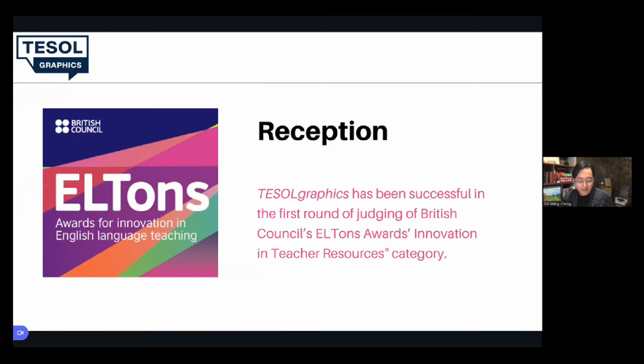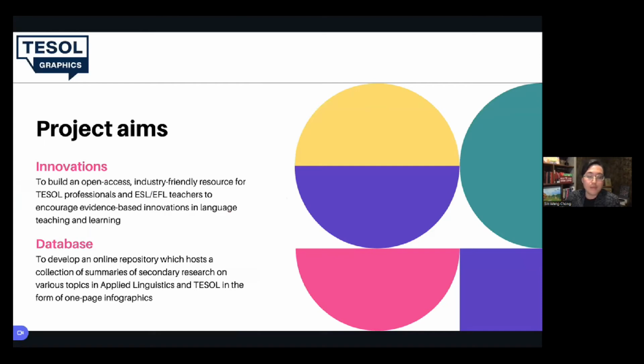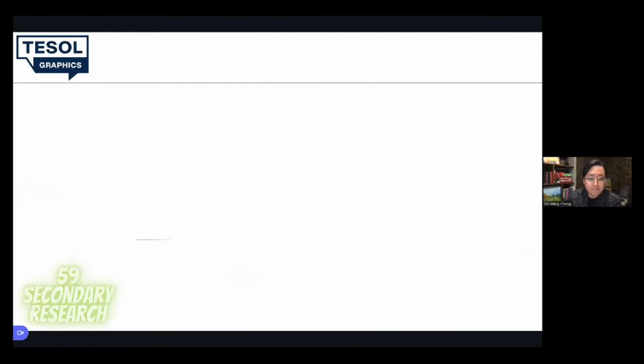And even more pleased is that we have recently been successful in the first round of judging of the British Council's ELTons Awards, which is an international award for innovation in English language teaching. We submitted to the Innovation and Teacher Resources category, and we were successful in the first round. So we're quite pleased with it.